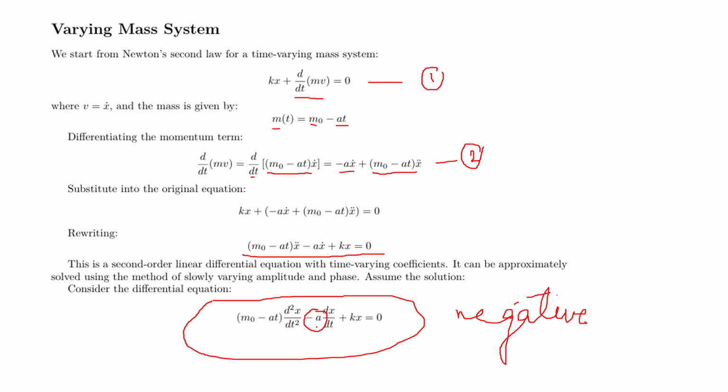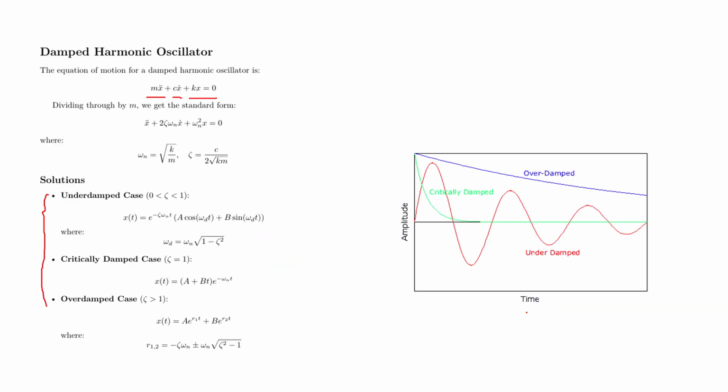Just to remind you, this minus a is acting as a negative damper, so it will provide energy to the system. In the standard equation m x double dot plus c x dot, a positive damper absorbs the energy, and the negative damper will provide the energy.